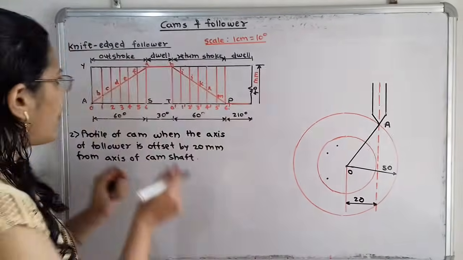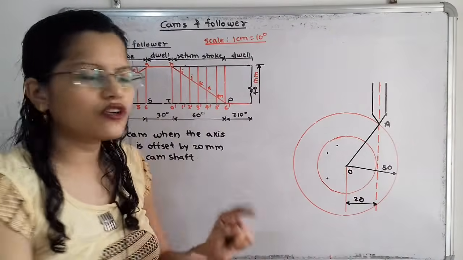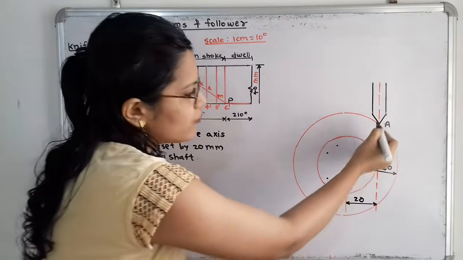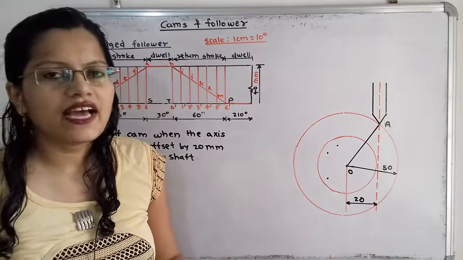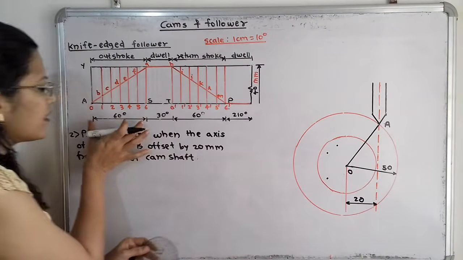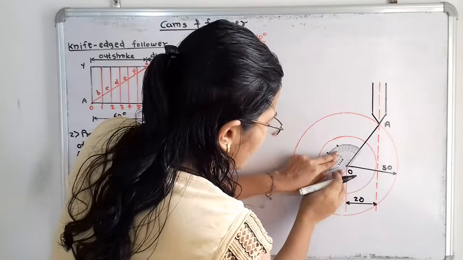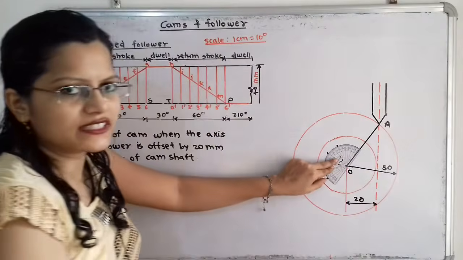So here the outstroke is 60 degree. The initial position of the knife edge follower is at this point A. So we have to join this point A with the center. And now with the help of a protractor we will make the angle of 60 degree. Take the OA line as a base and mark one point at 60 degree.